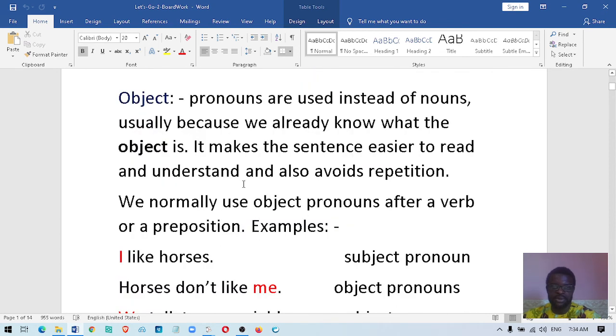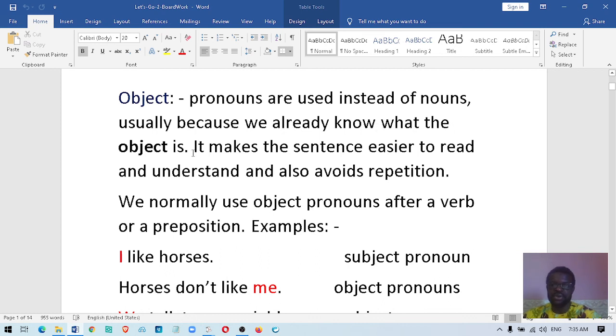Let's say object pronoun. Object pronouns are used instead of nouns. So instead of using a noun, which are names of people, places, animals, or things, we use pronouns when we're not using the nouns. Usually because we already knew what the object is.